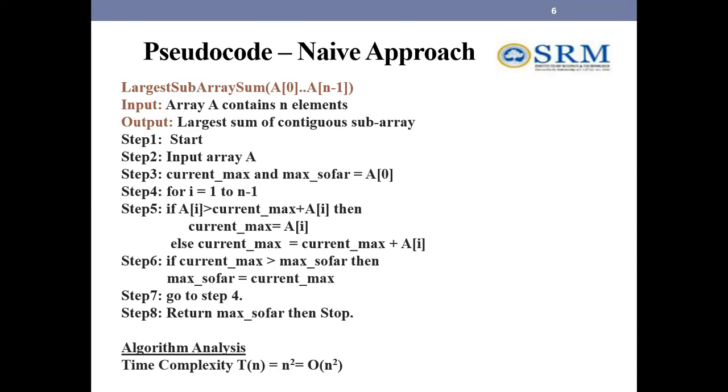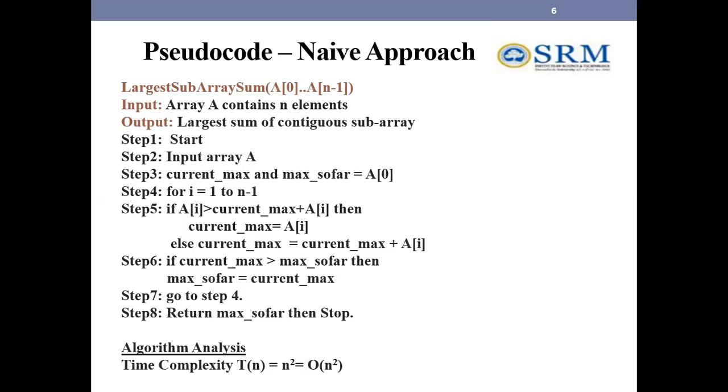And start the loop from I equals 1 to n minus 1. So how are we finding current max? We compare the A of I value with current max plus A of I. Whichever is greater is assigned as current max. If the array value is not greater, then assign current max plus A of I as the current max. So the same first formula is implemented in this step.